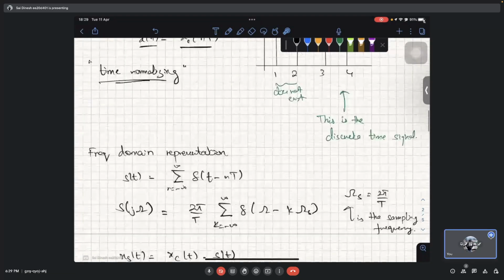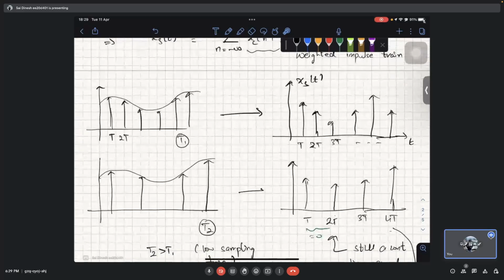So this is what we have seen earlier. If this is the maximum frequency, then the sampling frequency should be twice the maximum frequency.